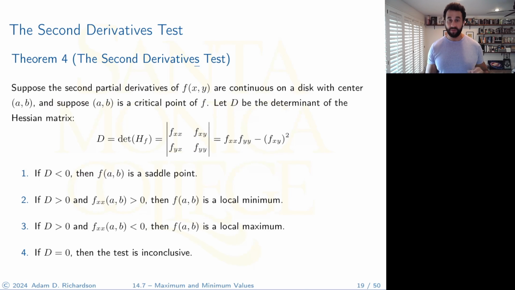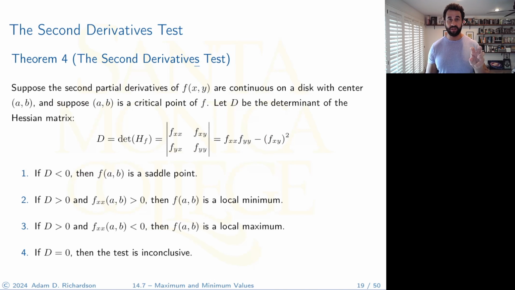And remember from section 14.3, I think, if the second order partials are continuous, then the mixed partials have to be equal. Since we are asserting that here, by Clairaut's theorem we can just say (fxy) squared.